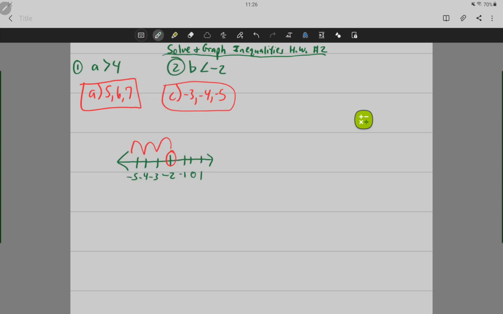Okay, time for number 3. Once again, list the first 3 integers that satisfy this inequality. This time it says e is greater than or equal to -6. So let's just renumber this real quick. And now this is going to be a -6. So then this would be -7, 8, and 9.